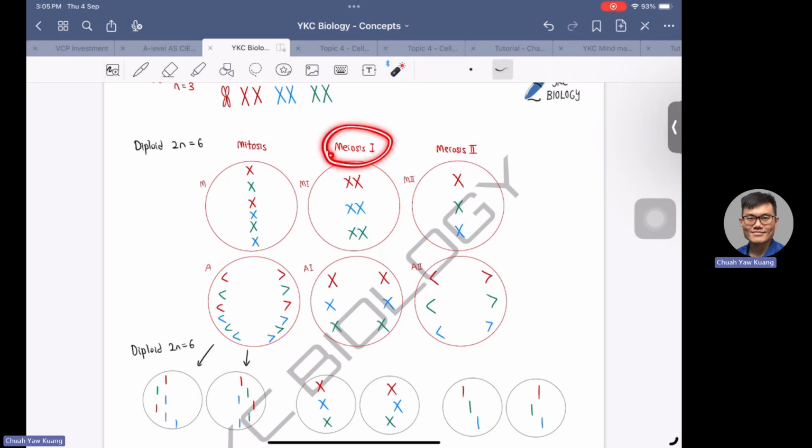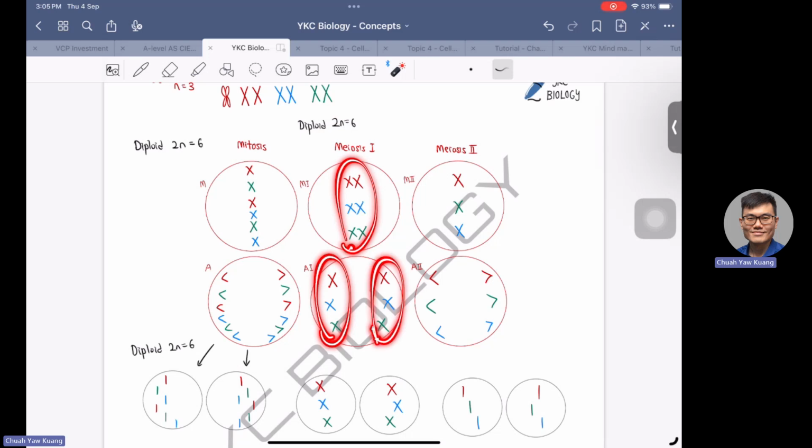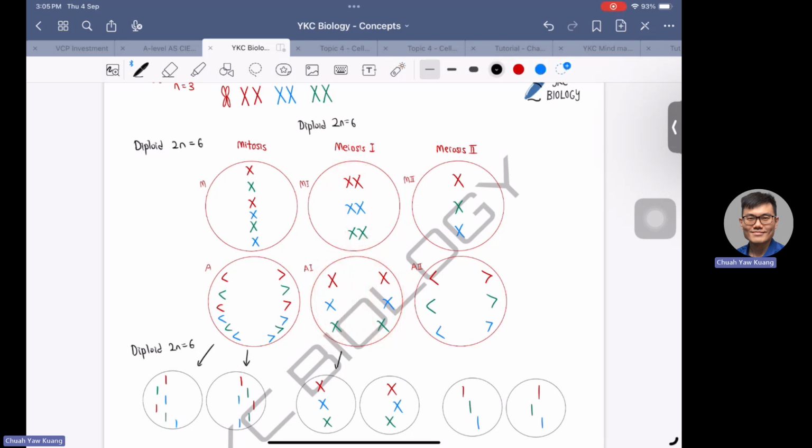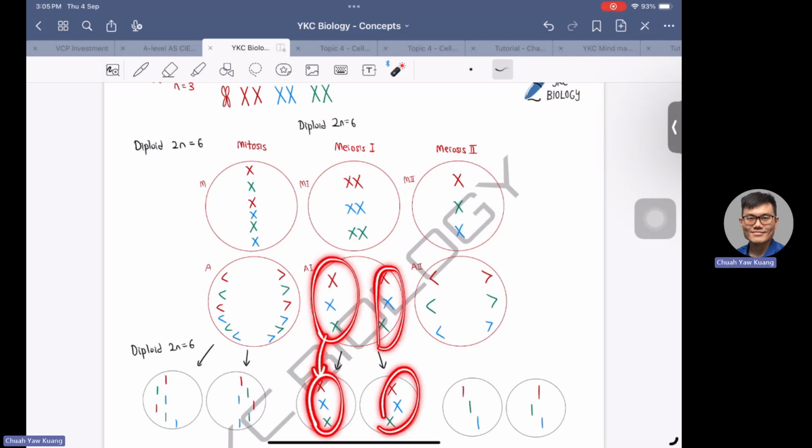Meiosis 1 starts with a diploid cell, where 2n equals 6. You can see 6 chromosomes here. Due to the pairing up of the homologous chromosomes, the separation that occurs in anaphase 1 is the separation of the homologous chromosomes. This means the daughter cells will now only receive 3 chromosomes each.